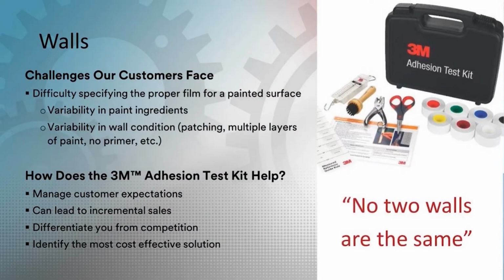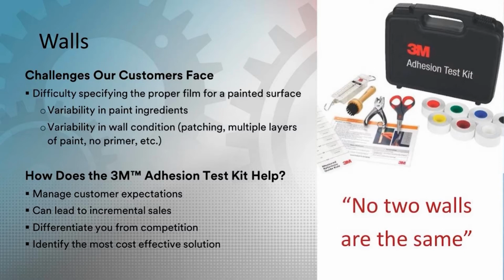So with low VOC paints, it's basically low VOC and now even no VOC. Really, vinyl, anybody's vinyl does not want to stick to that. So it's really challenging. We do have methods of properly cleaning the wall. And you also want to make sure they haven't put multiple layers of paint on the wall, because that can pose problems, as well as not using a primer before they paint.